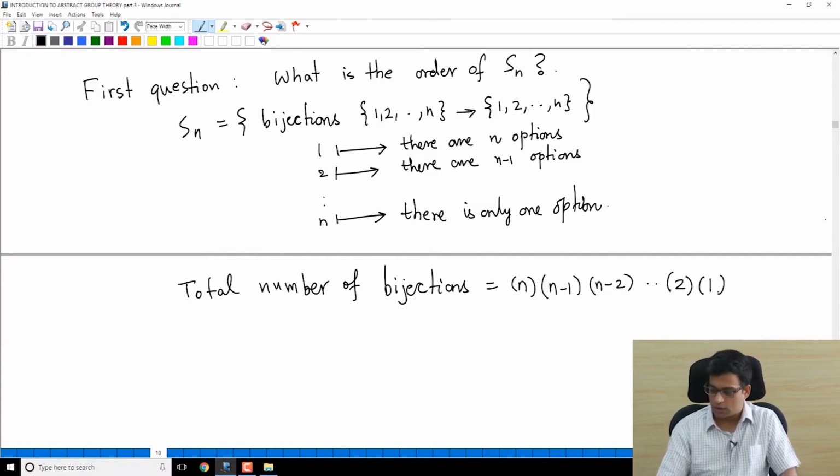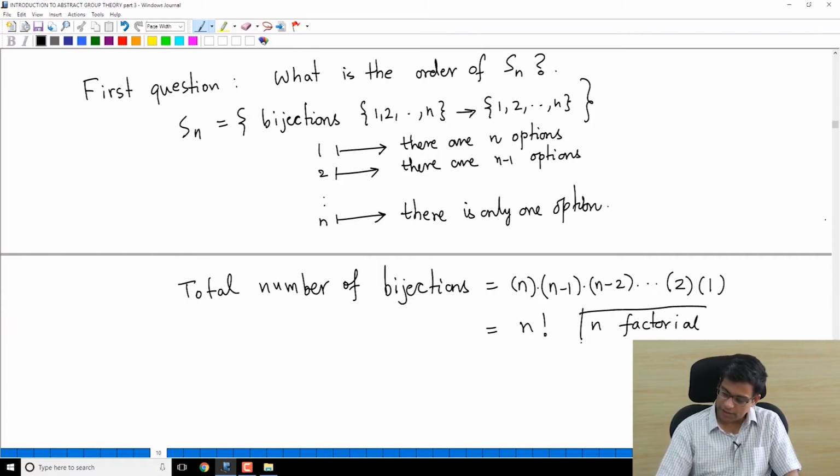So this is the product: n times n minus 1 times n minus 2 all the way up to 2 times 1, and we usually call this n factorial. Read this as n factorial.